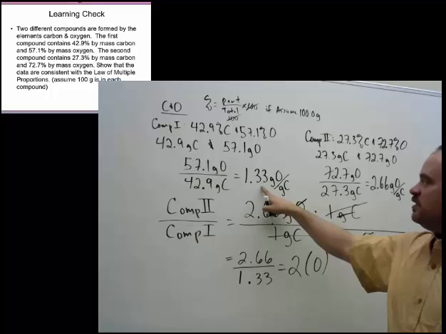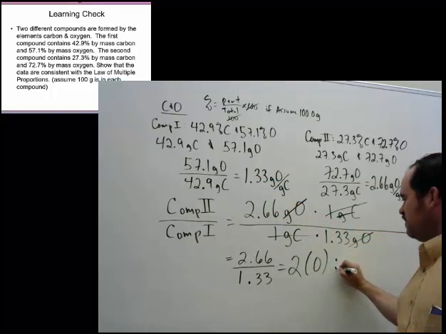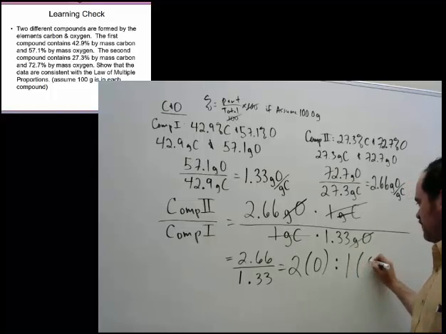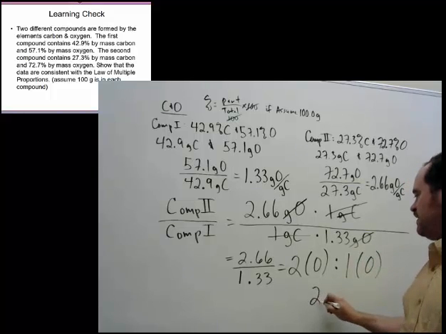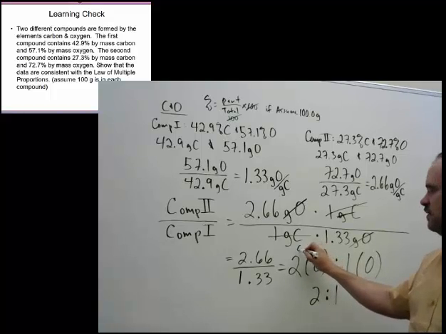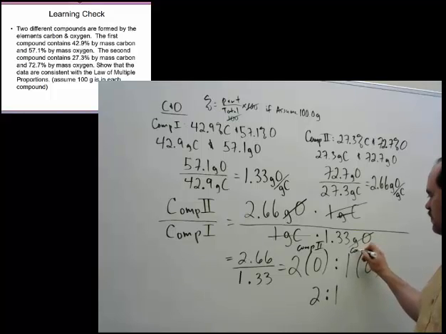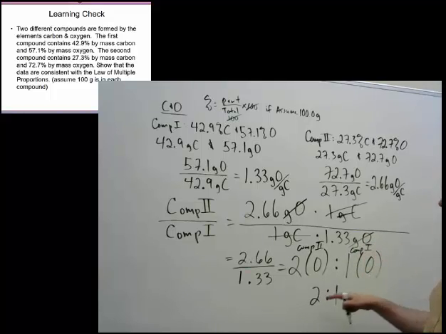If I divide 1.33 by itself, I get what? 1. So the ratio, the way we represent it, is 2 to 1. So this is compound 2 to compound 1. That's your ratio.